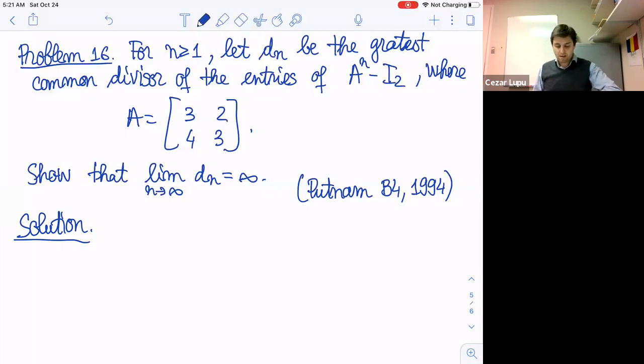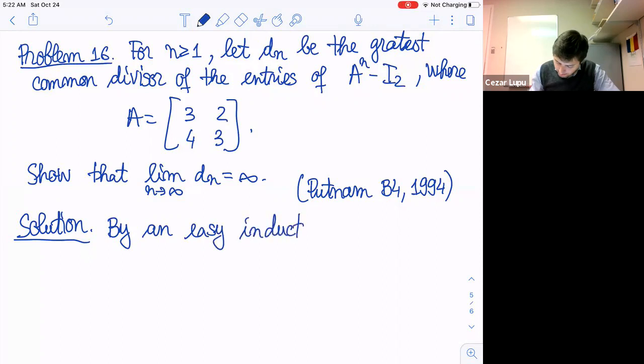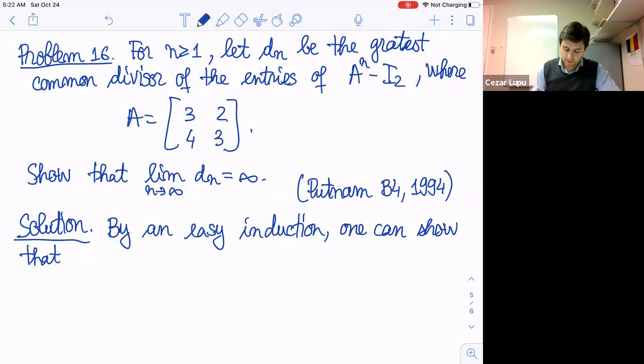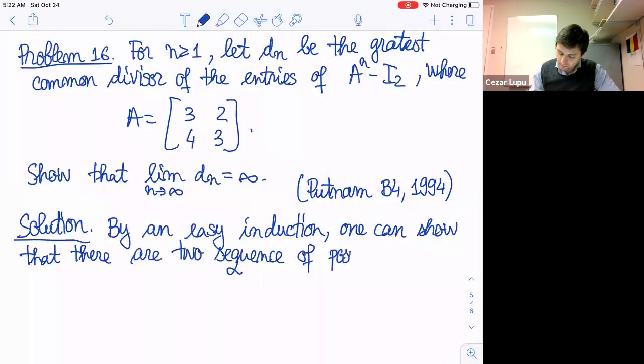Let me just tell you the main steps. By an easy induction, and I'll leave this to you, one can show that there are two sequences of positive integers.